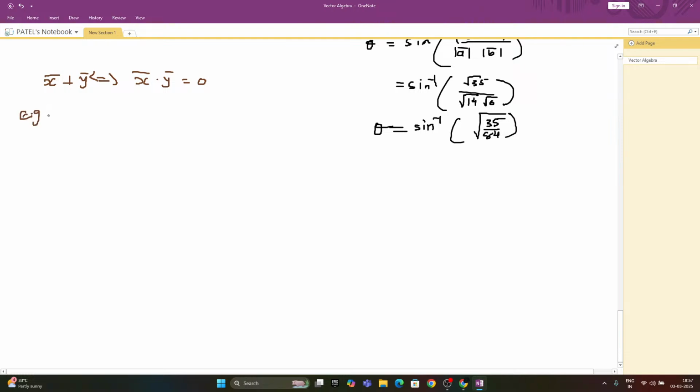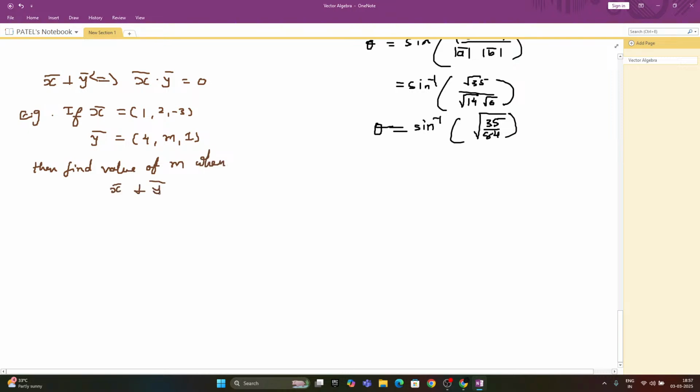For example, I'm taking an example that if x bar equals 1, 2, minus 3, y bar equals 4, m, 1, then find the value of m when x bar and y bar are perpendicular to each other. Okay, क्वेश्चन ऐसे पूछेंगे.